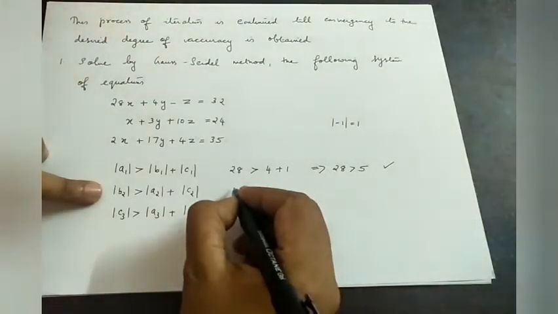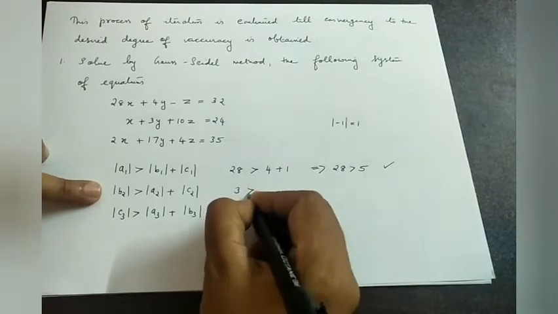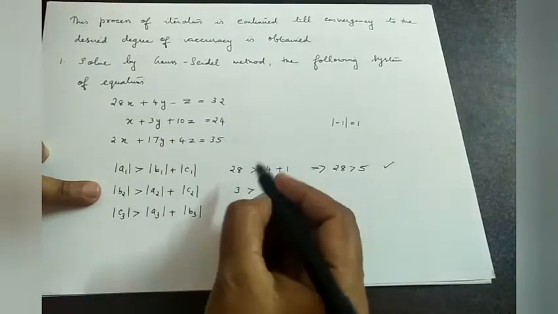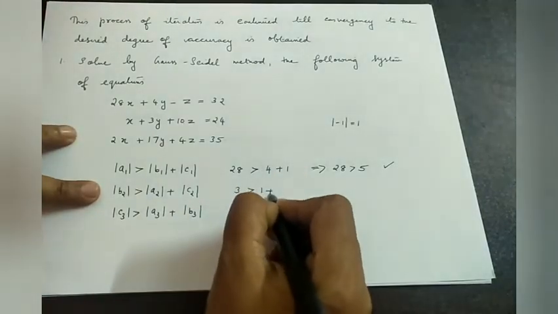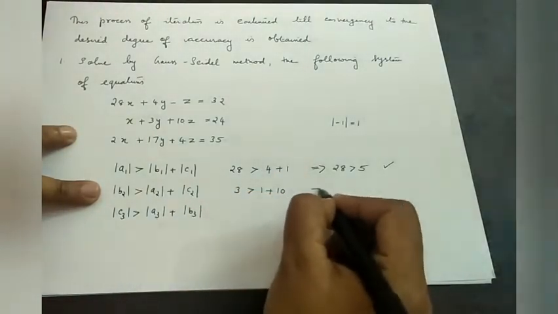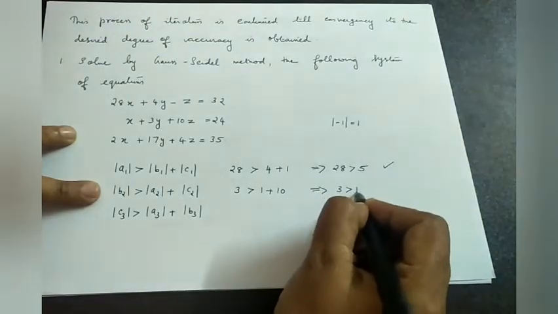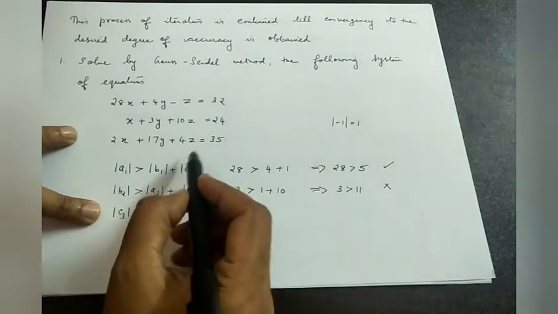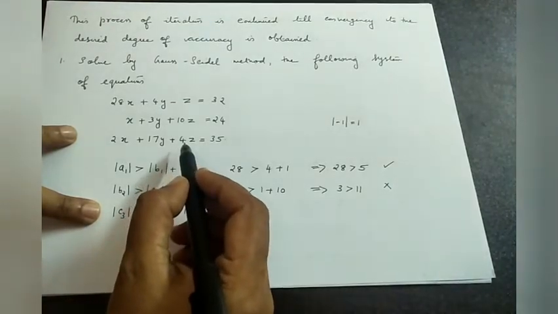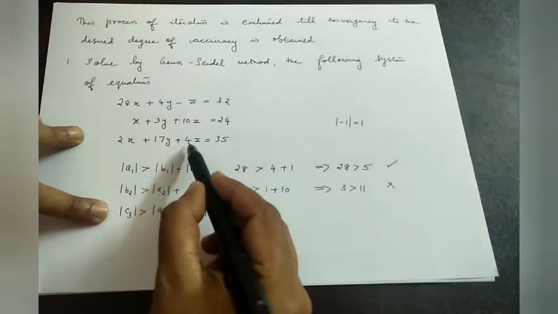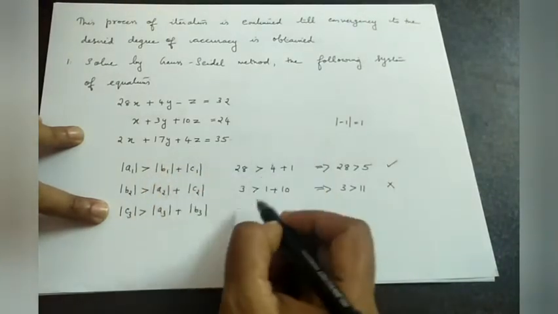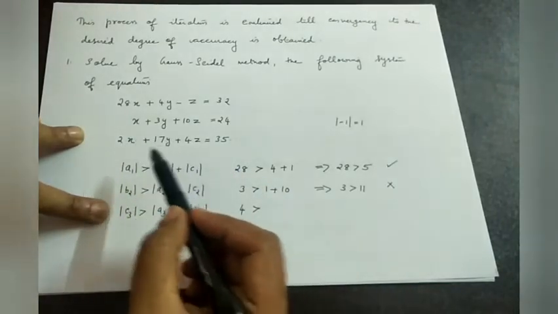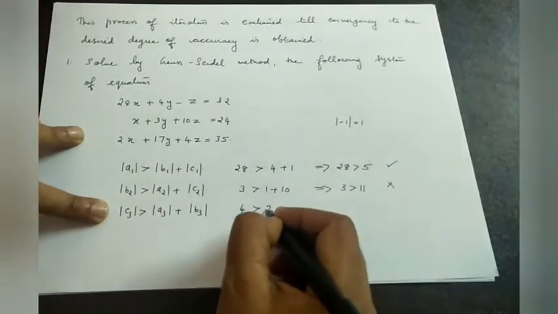Also mod b2 means 3 must be greater than mod a2 plus mod c2. Mod a2 is 1 plus c2 is 10. Is it correct? 3 is greater than 11? No. Now for the third equation, mod c3 means 4 must be greater than mod a3 plus b3, that is 2 plus 17.